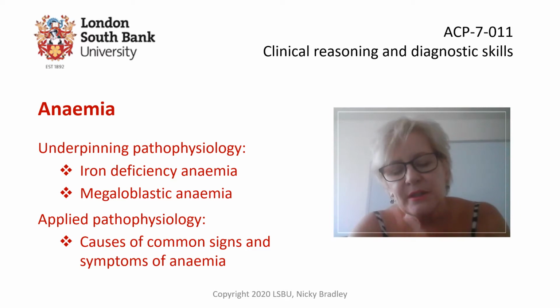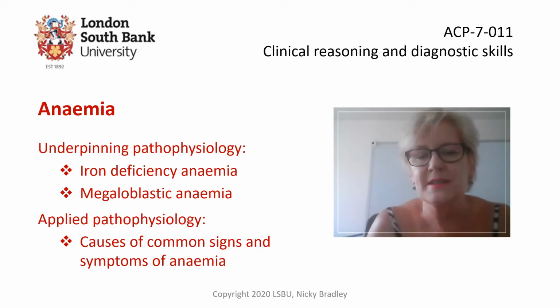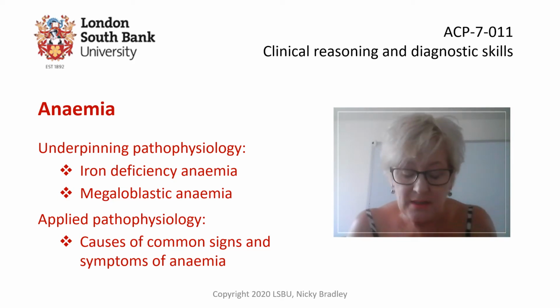In this one, we're going to look at anemia, primarily iron deficiency anemia and megaloblastic anemias. And we're going to split it like we tend to split all of the pathophysiology. We split it into underpinning, which is the main disease process going on, the pathogenesis of that disease.